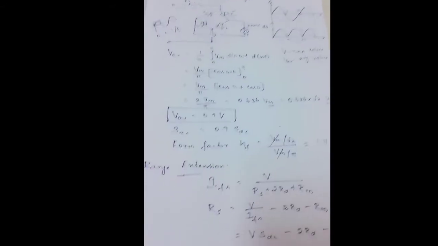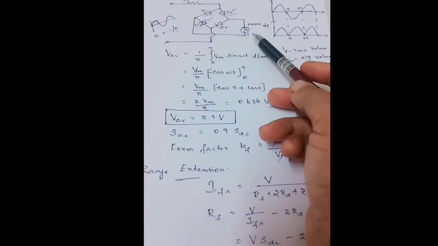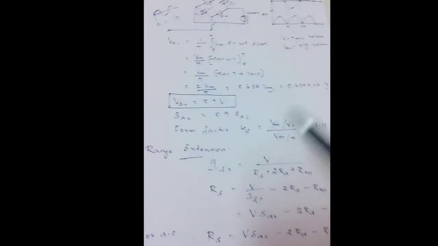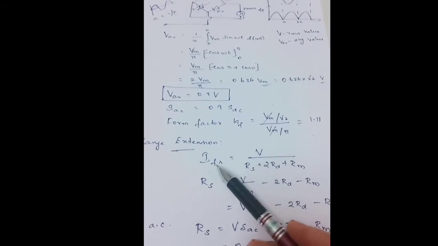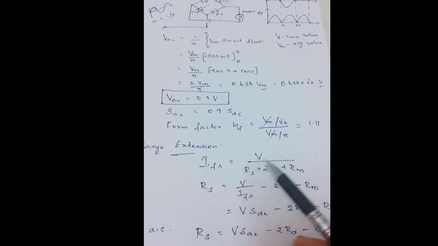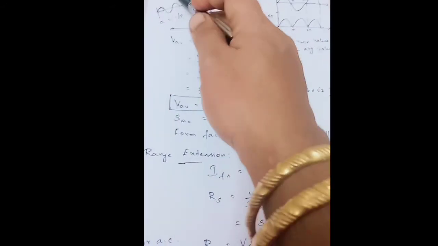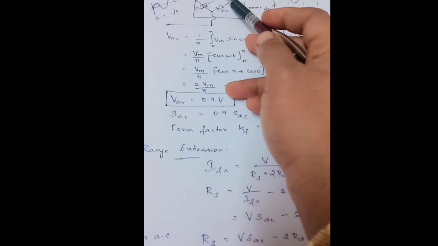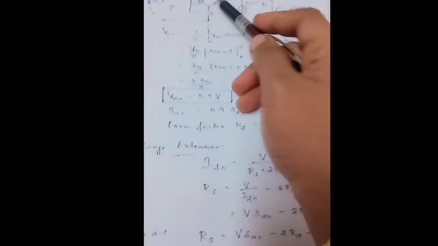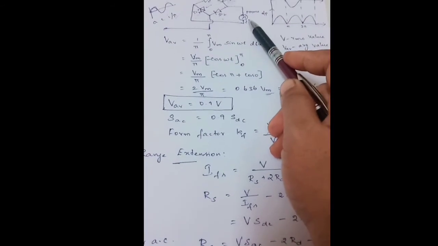When we want to extend this instrument for higher values of measurement, we can make use of this equation. IFS, the full scale deflection current, is equal to the voltage V entering here, and we have resistances RS, RD and RM in series.